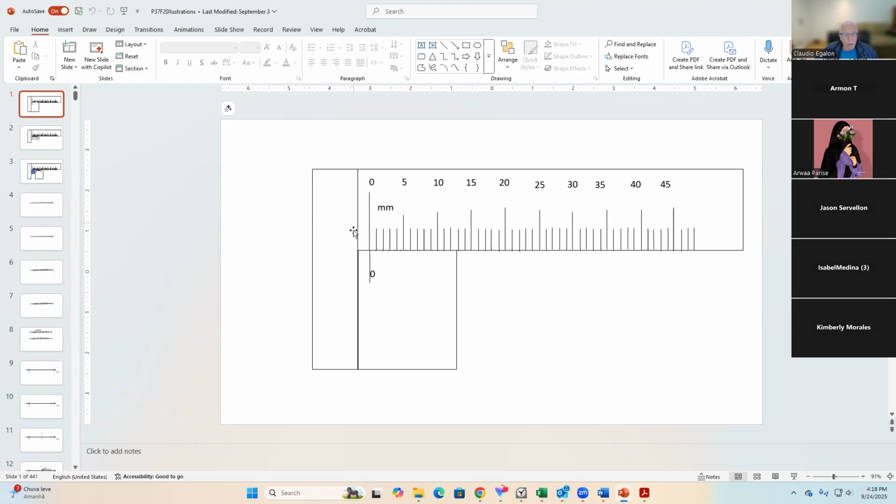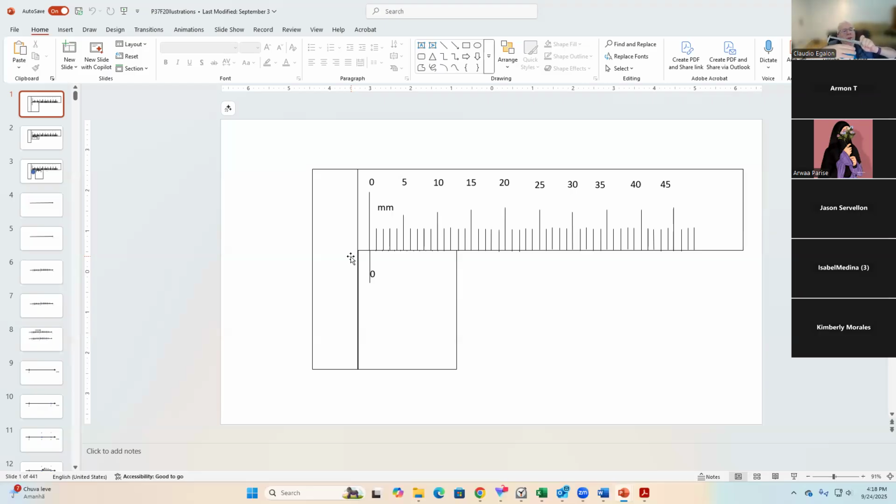So it has a regular ruler, which is this main ruler here. Let me show you my actual vernier caliper. Okay, see here, this part is just a regular ruler. This part of the vernier caliper is just a regular ruler.